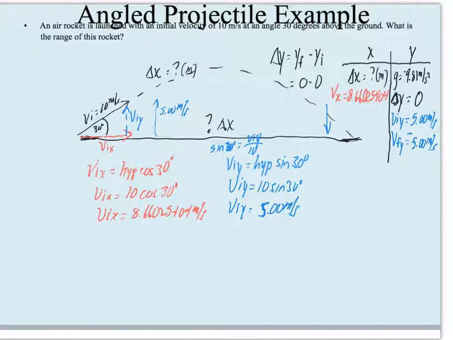All right. So if we wanted to find delta x, the last variable we would need on the x side is time. Is there a way to find time on the y side? Can we find time over here? And is it true that if we find time on the y side, that equals the time on the x side?